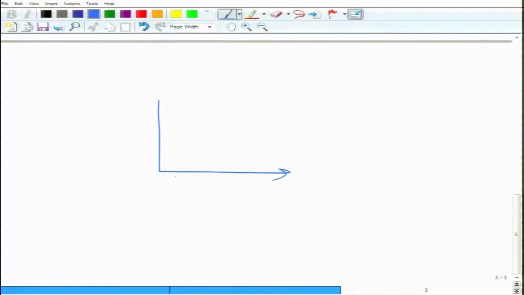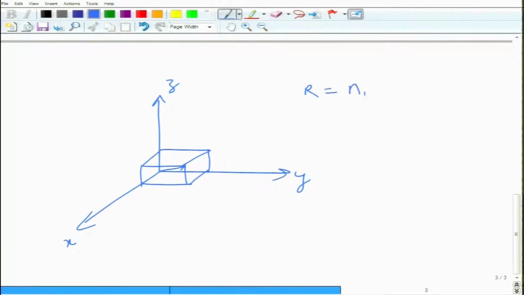And the second thing that we considered was that a lattice can be represented by vectors. So you can have these Cartesian vectors, let us say this is x, this is y, this is z, and a lattice represented in this fashion. Here I can have a vector r, and this r is nothing but n1 a1 plus n2 a2 plus n3 a3.